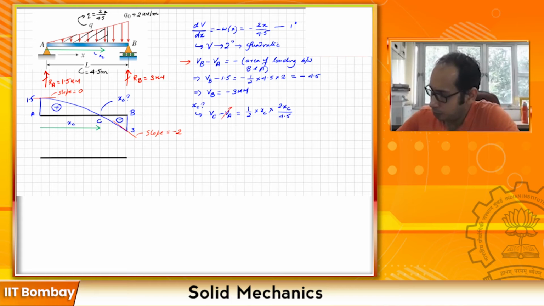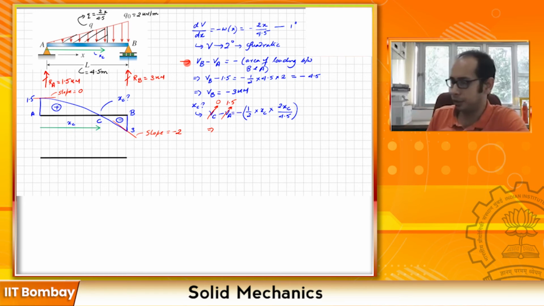The value of VA is 1.5, and the value of VC is 0. Oh sorry, I missed a negative sign, because VC minus VA is the negative of the area of the loading diagram. So let me erase that and write it properly. I have a prominent negative sign over here.